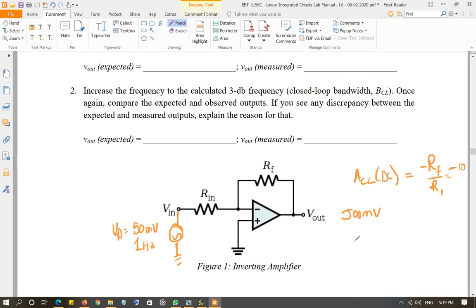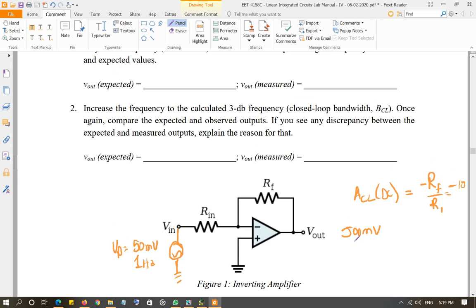Okay, the next step is that you're going to increase the frequency to the calculated 3 decibel frequency, which is the same thing as cutoff frequency, break frequency, corner frequency, or closed loop bandwidth. So first you're going to calculate the closed loop bandwidth of this circuit. Now remember, from theory we learned that closed loop bandwidth is unity gain bandwidth over noise gain.